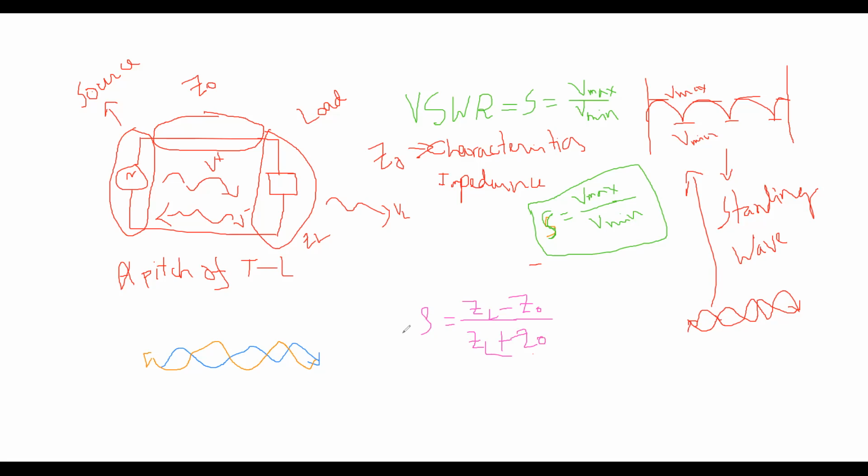Sometimes they call it capital gamma, either capital gamma or rho.